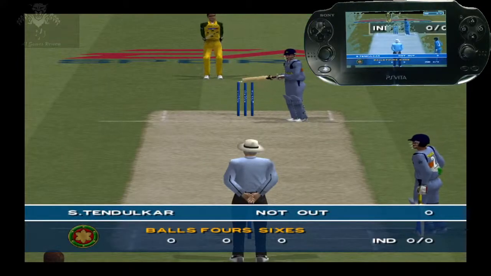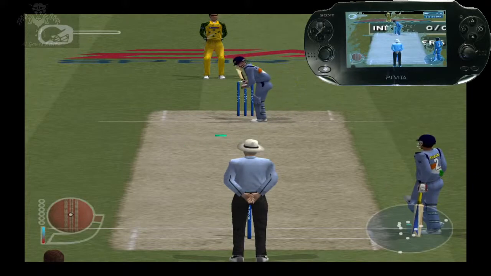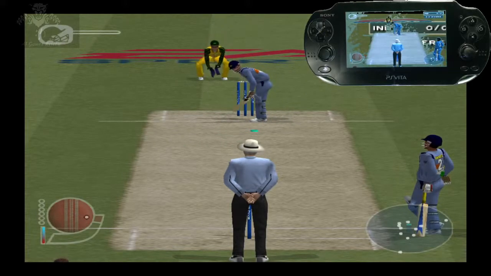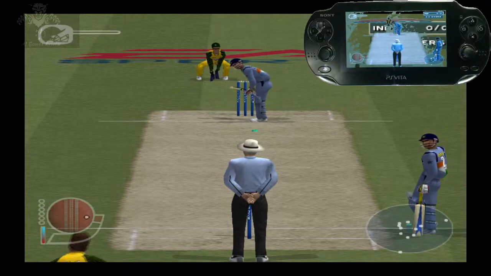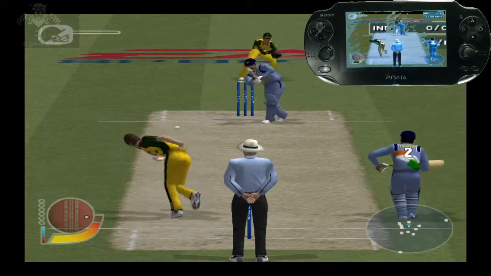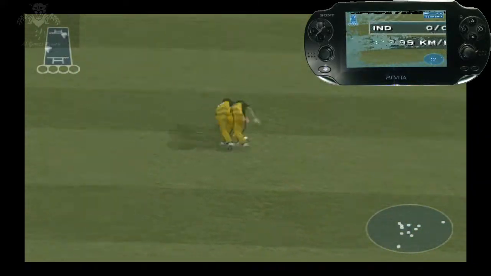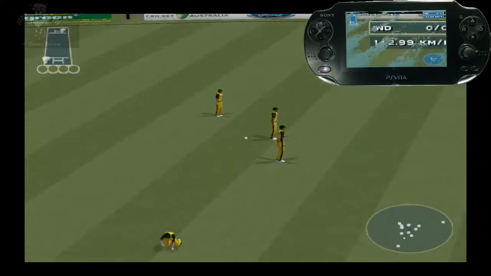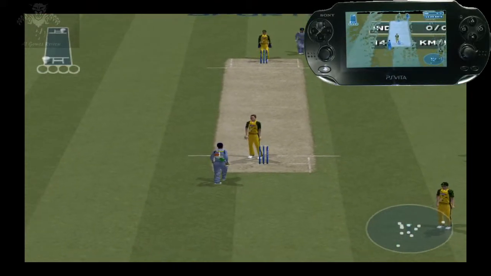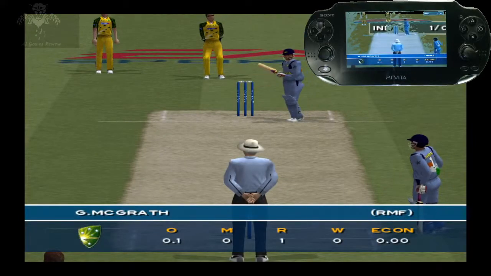India are about to start their innings. Gillespie out at long off. There's the first runs of the day for India.